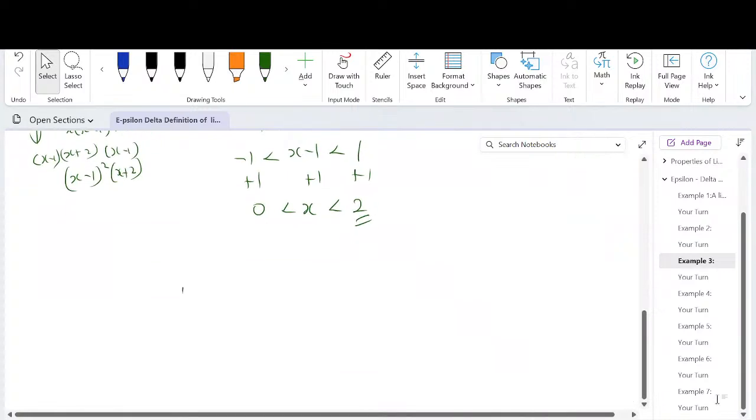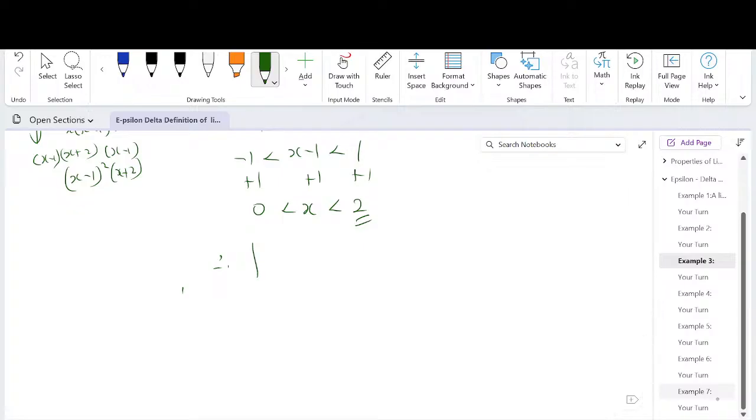So by our statement, the absolute value of x plus 2 multiplied by the absolute value of x minus 1 is less than epsilon. Once you get rid of this, you need the value of x, and you're taking x to be 2.